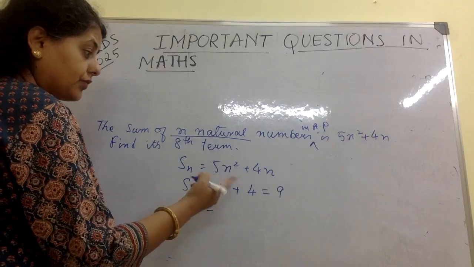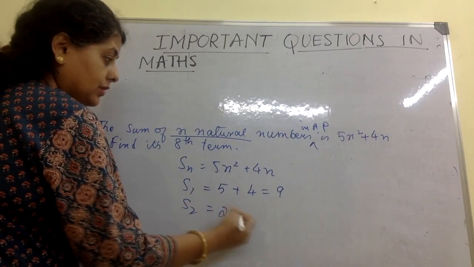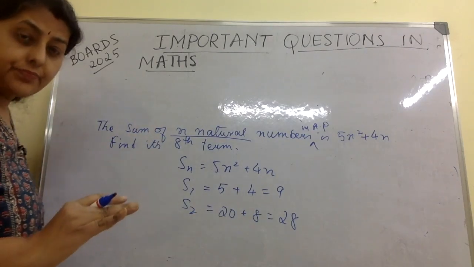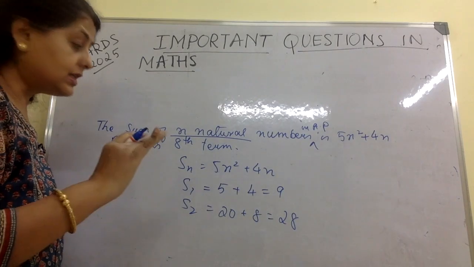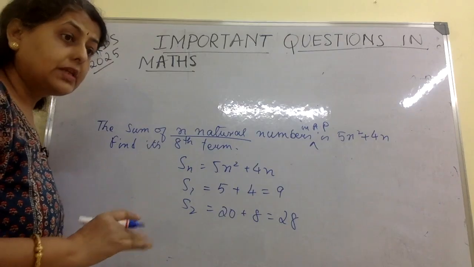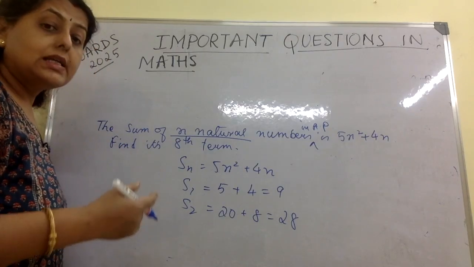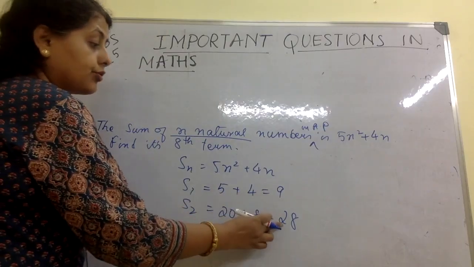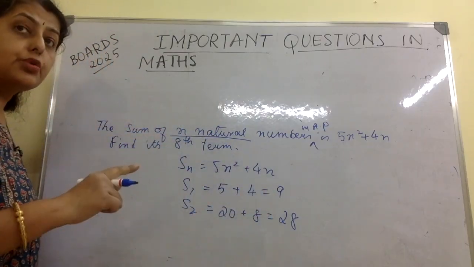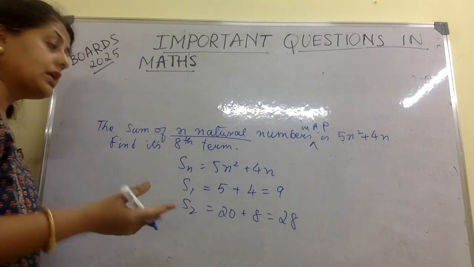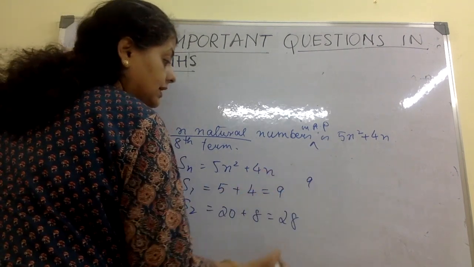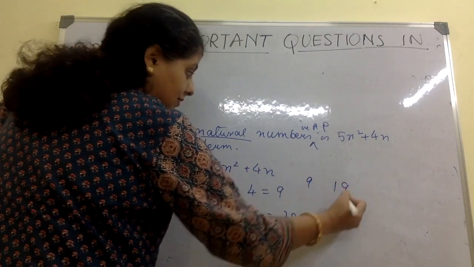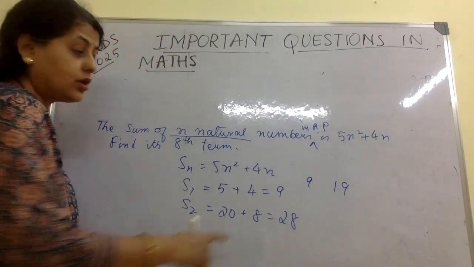This is 20 plus 8, 28. 28 is not the second term. Then what is the second term? The second term is 28 minus 9, whatever you get. So the first term is 9 and the second term is 19, isn't it? On subtracting.